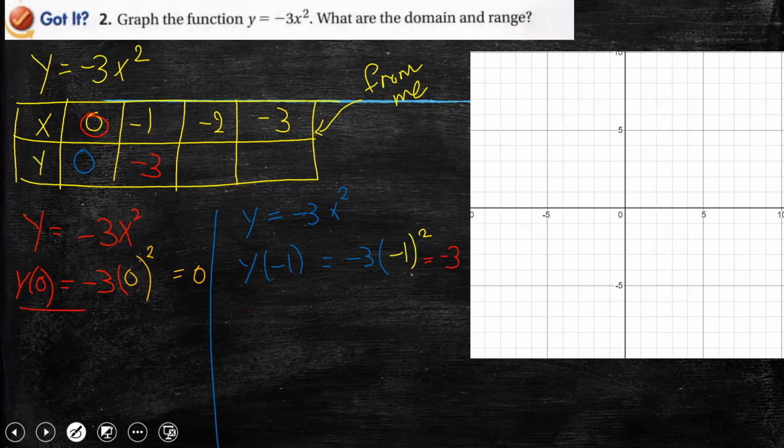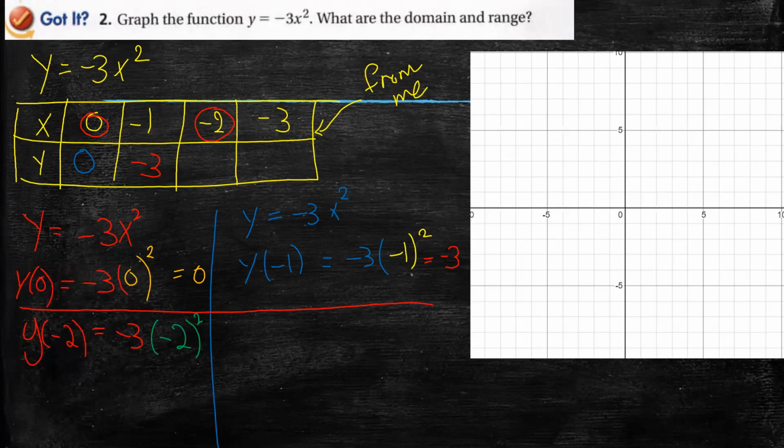Now let's talk about point negative 2. Y of negative 2 means I evaluate x now with negative 2. I will repeat: don't forget, you have to square the negative 2, then multiply it by negative 3.